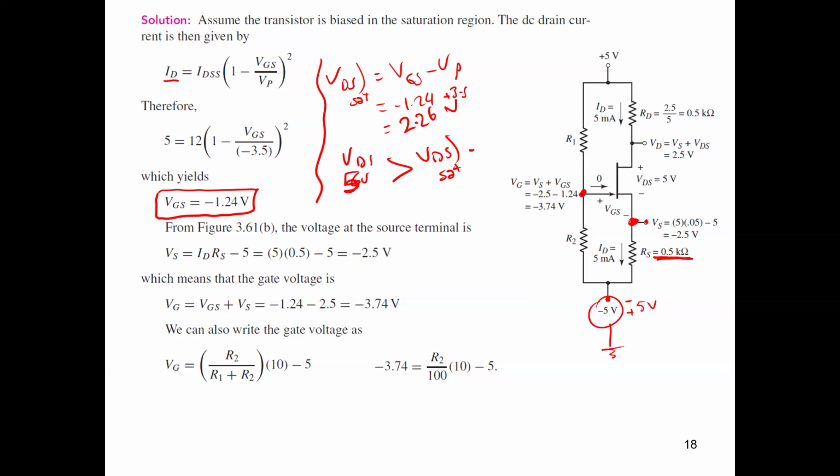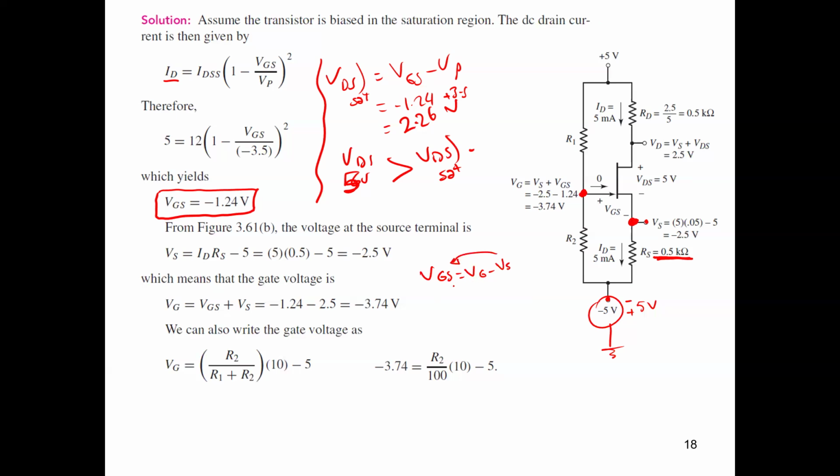So we got the voltage of this point now. We got the potential of this point right here. And we know the value of VGS. So this means we can obtain the volt at this point, VG. So we can say, guys, VG equals VGS plus VS, because you know that VGS equals VG minus VS. So move VS to the left-hand side.